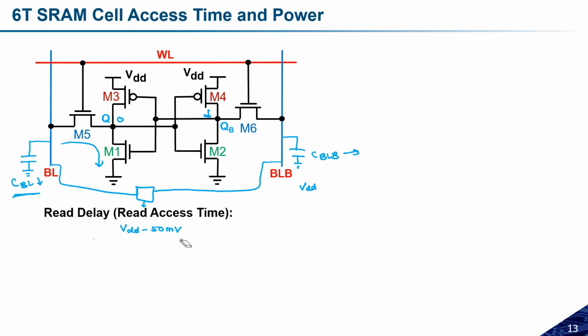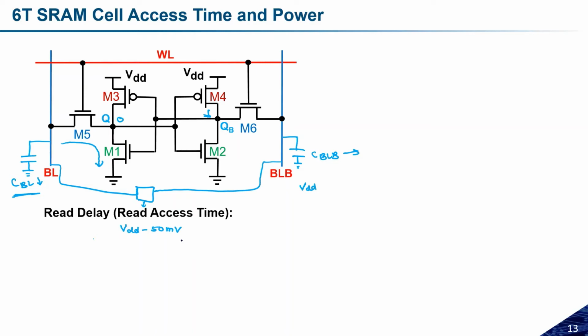delay. In other words, let me say again how we are calculating the read delay or read access time. Simply, I have to precharge both the capacitors, so BL and BLB will be at logic 1. Because I have to do the read operation, I have to activate the word line as well. Once I have activated the word line, the counter will start.